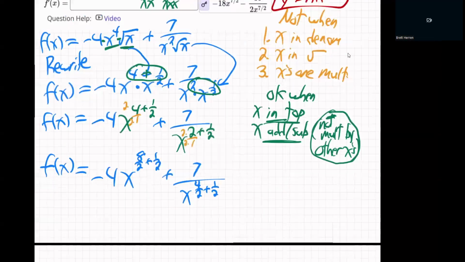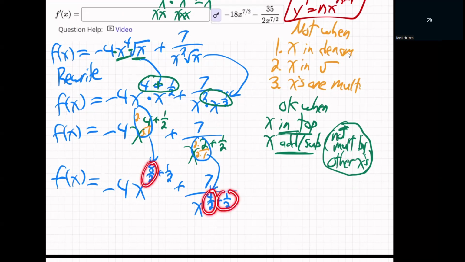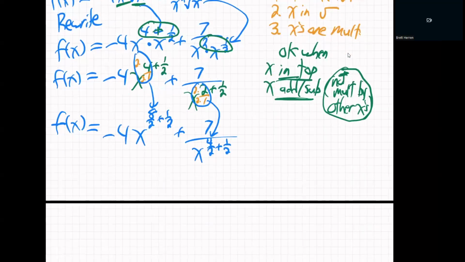So what just happened? I'm trying to add 4 and a half. To do that, you put that 4 over 1, still 4, multiply top and bottom by 2. So this becomes 8 halves, and this becomes 4 halves, right? 4 halves is a fancy 2. That's still 2 plus a half. And 8 halves is a fancy 4, plus a half, right? But now we can add them up.